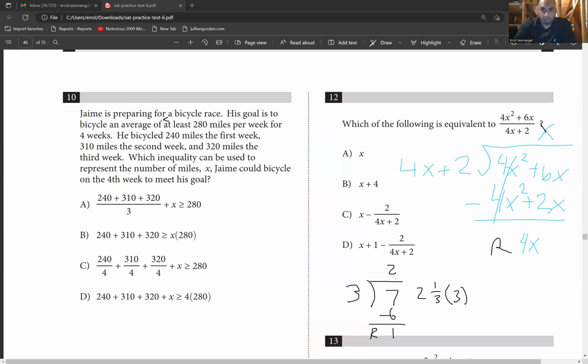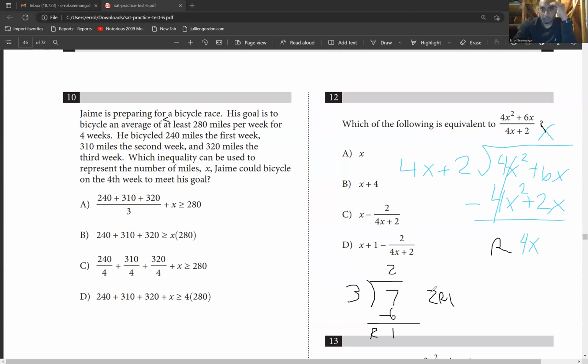Am I just overthinking this? This is 2R1.